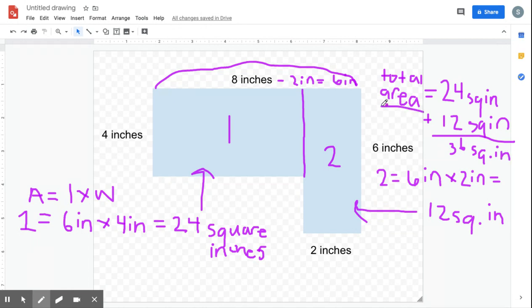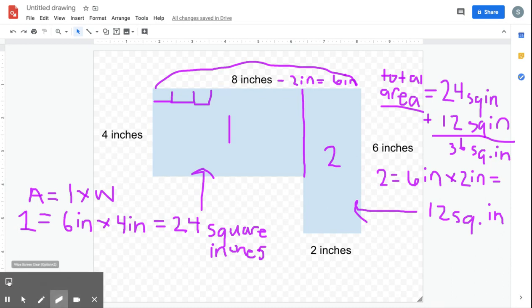Now remember, this is the area. That is how many little 1 inch by 1 inch squares can fit in there. So we can fit 36 of these little squares inside this shape.